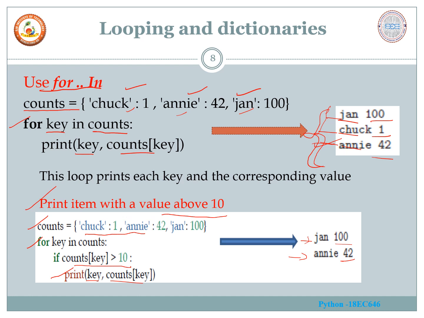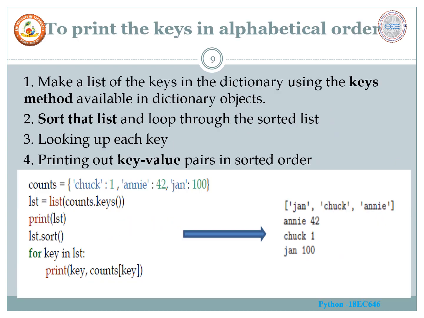Now let us talk about how to print the keys in alphabetical order. Here is a program where we print the keys in alphabetical order. In the dictionary we are using key-value pairs but not in any order. So how can we print the keys in alphabetical order?